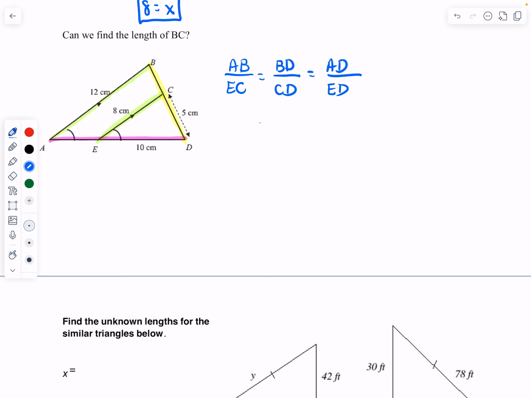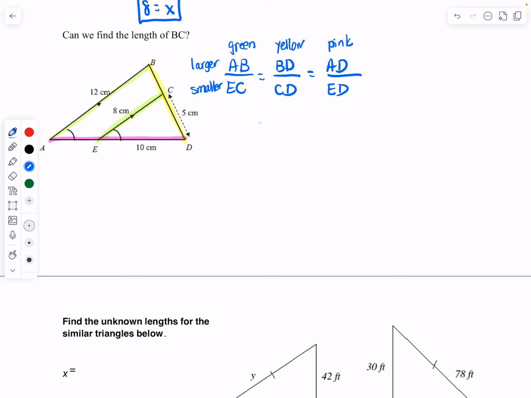Okay, so again, I had the green triangle. This is the larger triangle over the smaller, okay? And then BD was yellow. And then AD and ED is pink. Okay, so now I'm going to put values in.